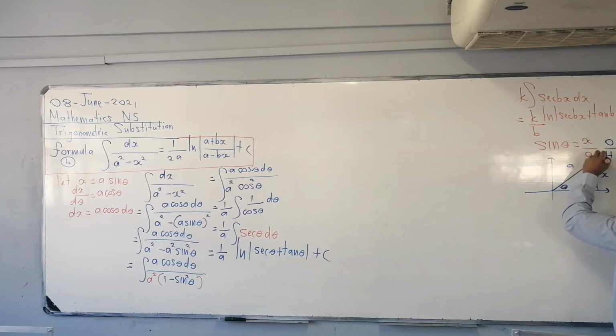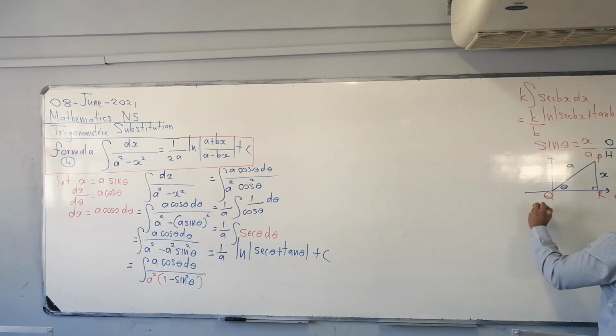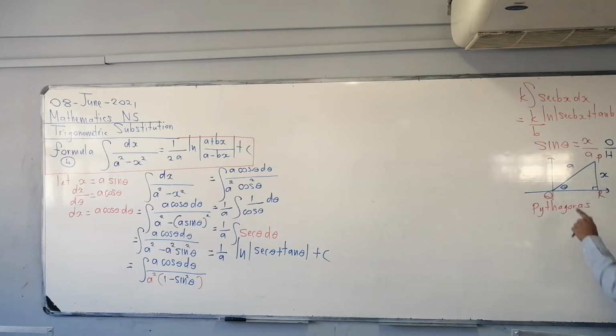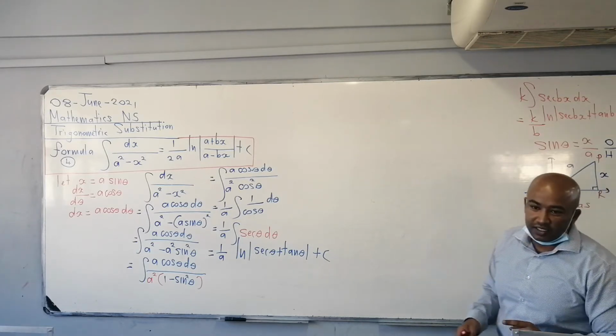Let me call this triangle P, Q, R, and use Pythagoras. The theorem of Pythagoras states that the square of the hypotenuse, which is a squared, is equal to the sum of the squares of the other two sides.